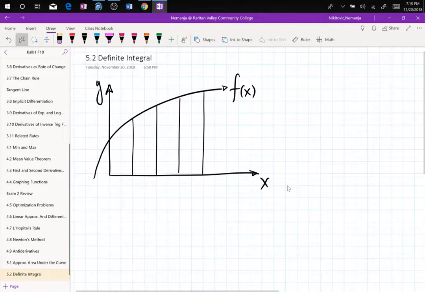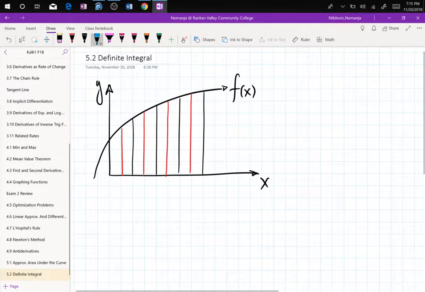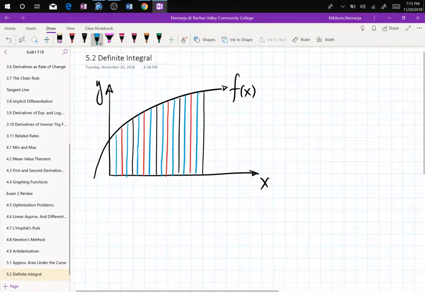By placing more rectangles. So now we add more rectangles to the mix. That reduces error. Then we add even more. Then we add even more.